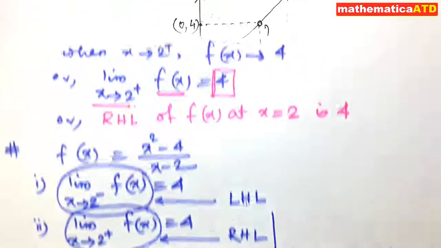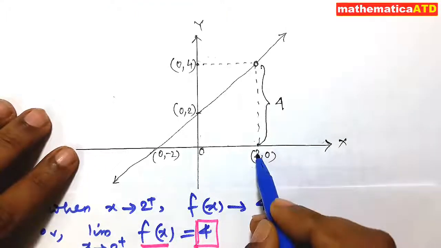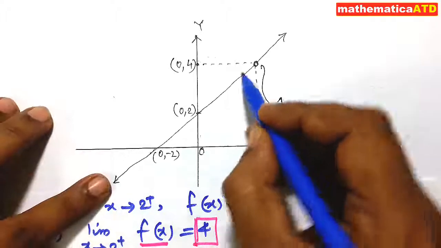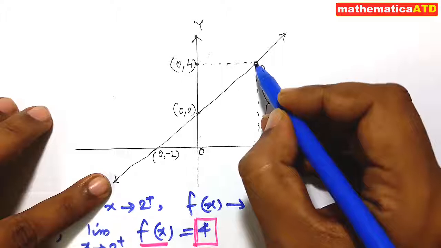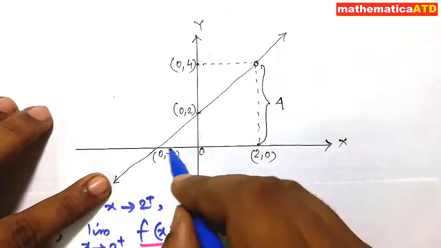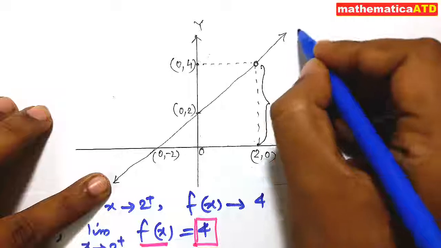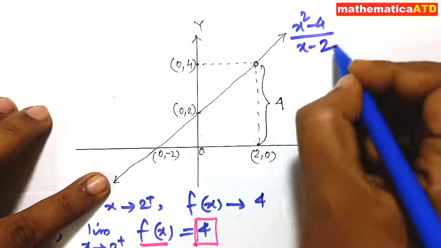From this graph also you can see this. At the point x equals 2, you see that on this graph there is a hollow. That means there is a gap. You cannot find a value on this function, on this line. This is the function x square minus 4 divided by x minus 2.